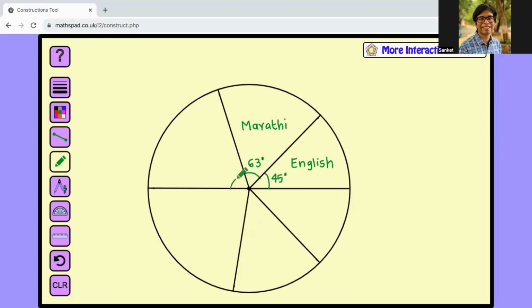Next angle as 72 degrees. Label this sector as science. Mark this angle as 81 degrees. Label this sector as math.